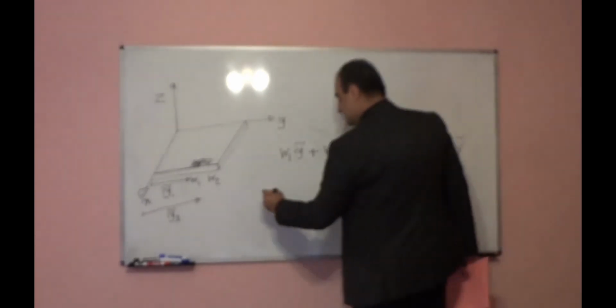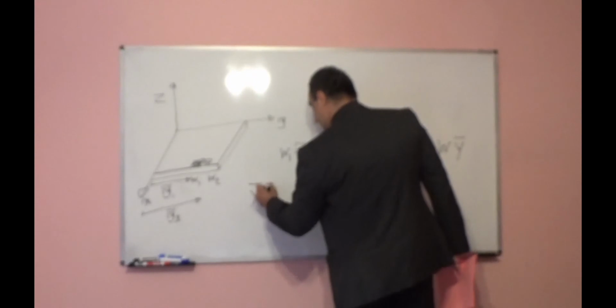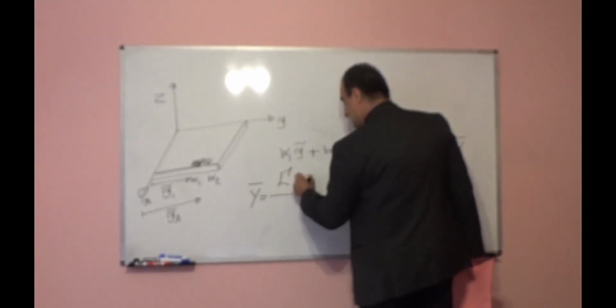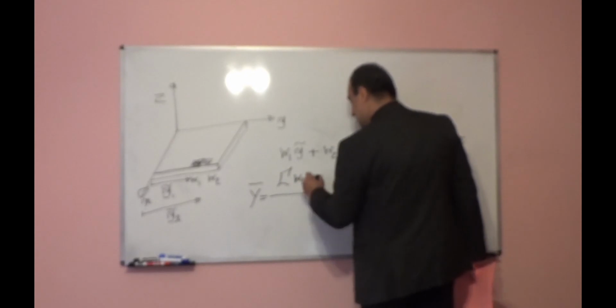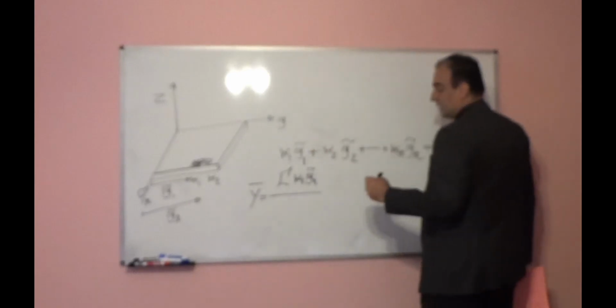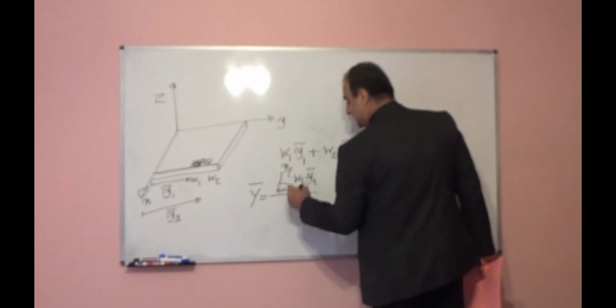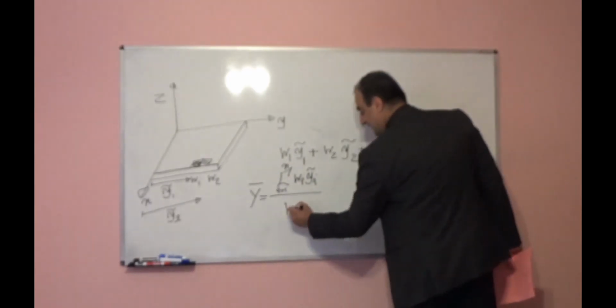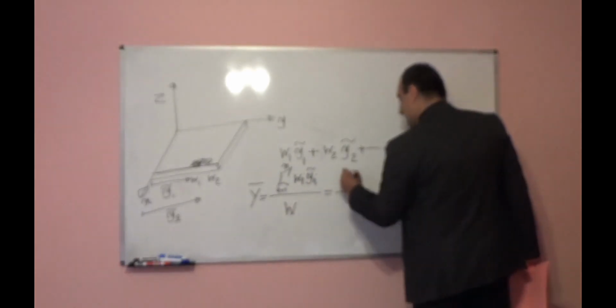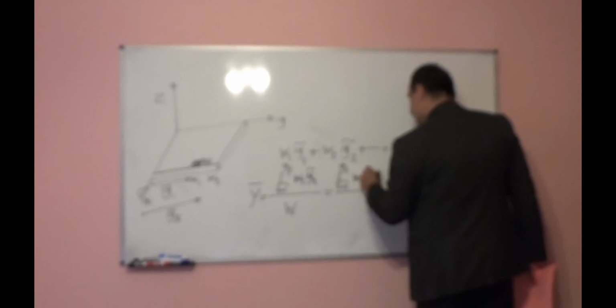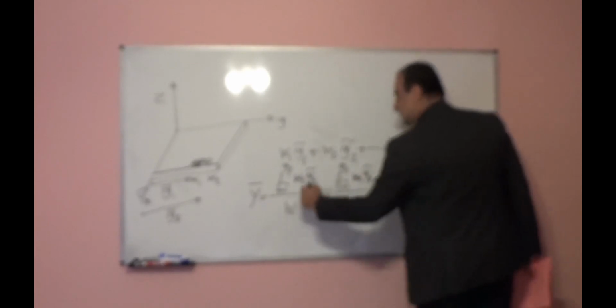So from here I can write y bar is equal to the summation of Wi y tilde i, from i equal to 1 to n, divided by the total weight.